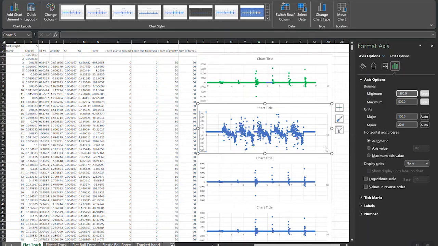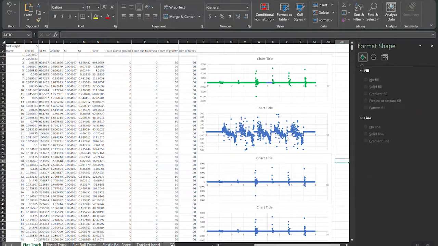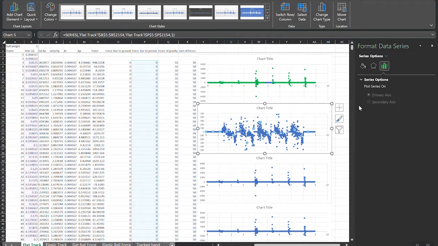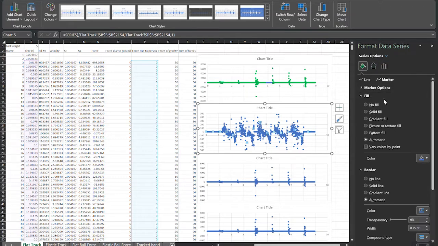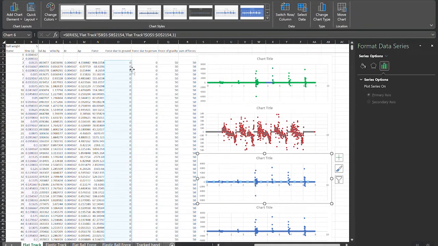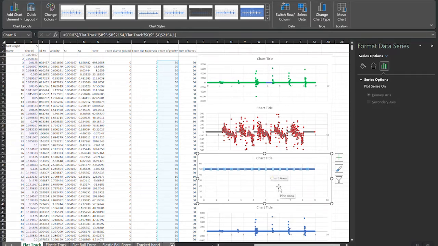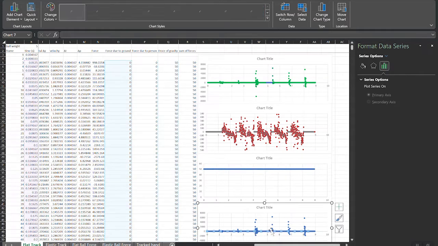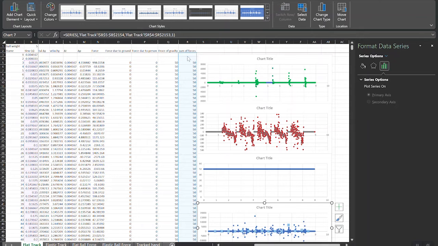Everything else was kind of just noisy. And we want to make this one red. Okay, so this one will be force due to gravity, which is a constant number. Blue. Cool. And then sum of forces, we're going to make this one black.